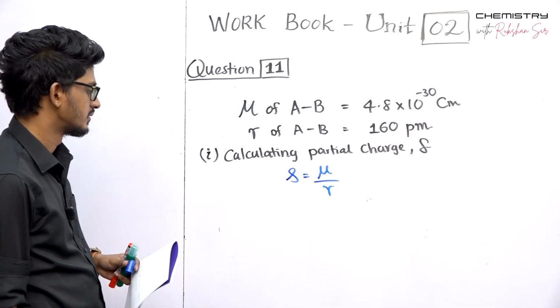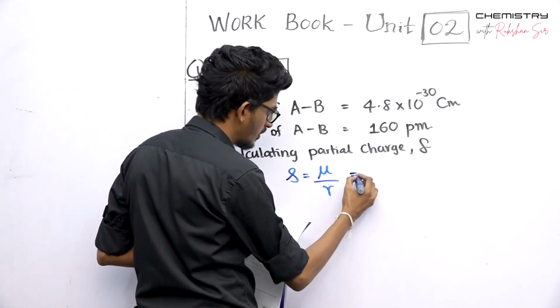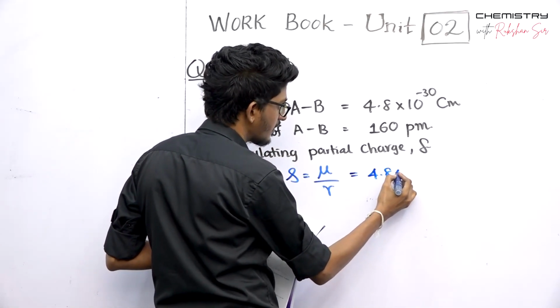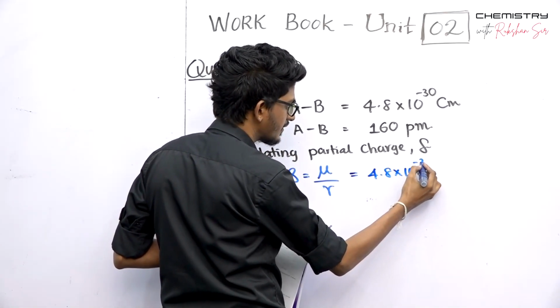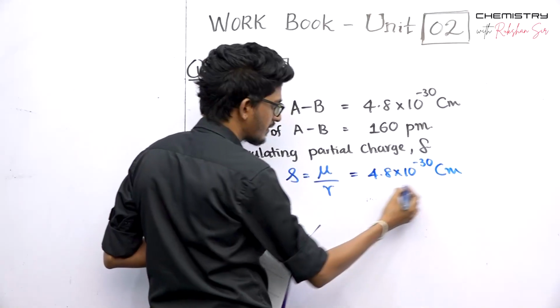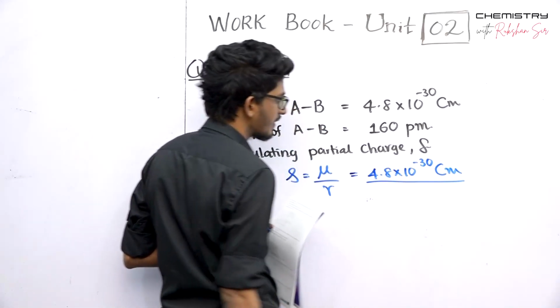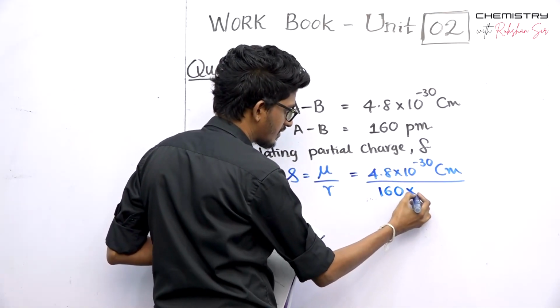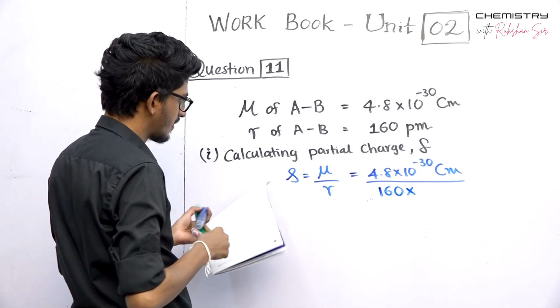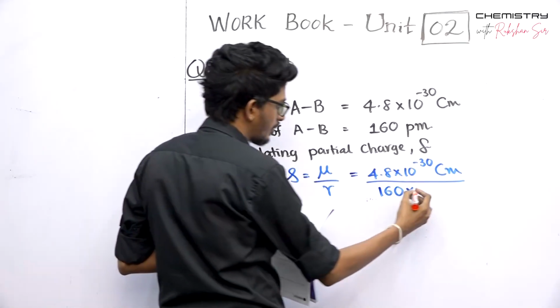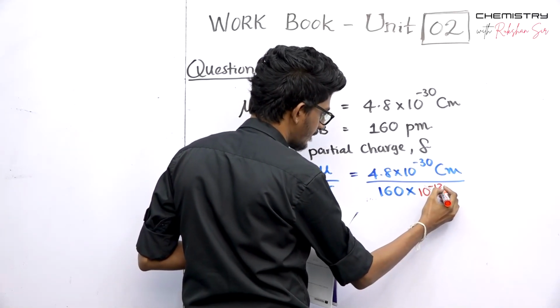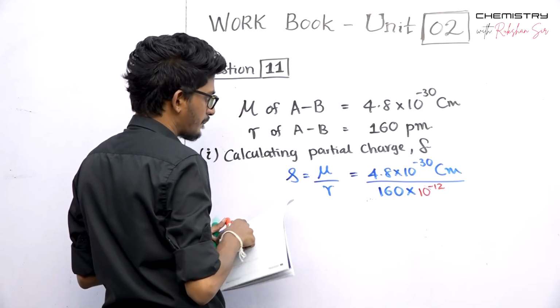So mu is given as 4.8 times 10 to the power minus 30 coulomb meters, and r is given as 160 picometers. 160 pico means 10 to the power minus 12.